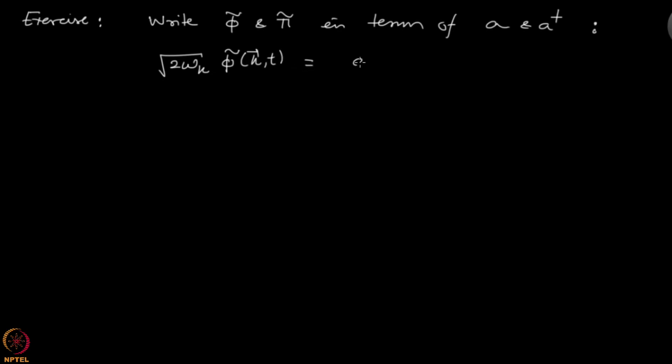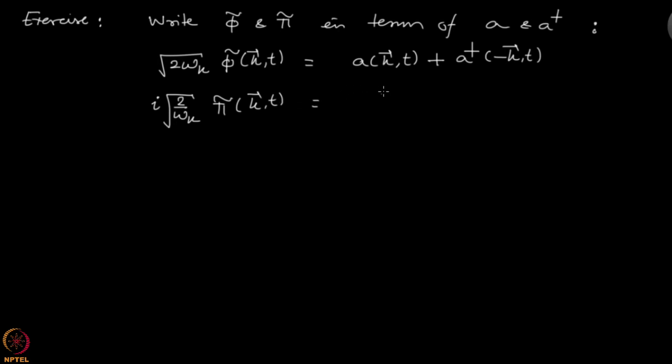So you'll get this: a_k(t) plus a dagger of minus k,t, over root 2 omega_k, and i times root of omega_k over 2 times a_k(t) minus a dagger of minus k,t.